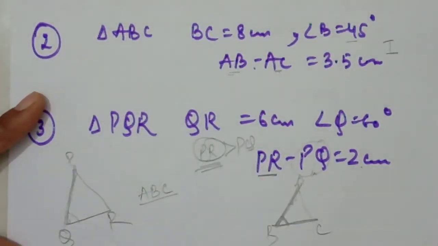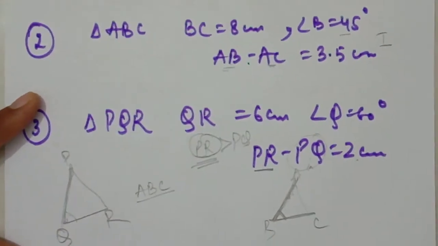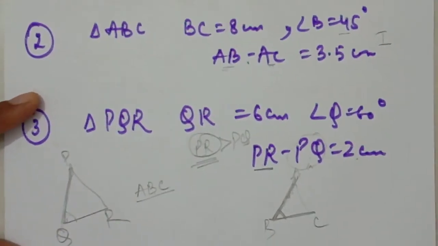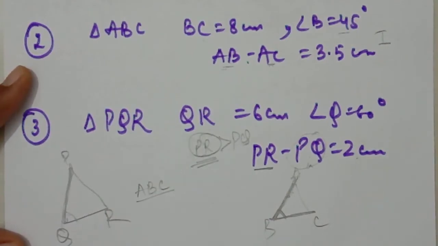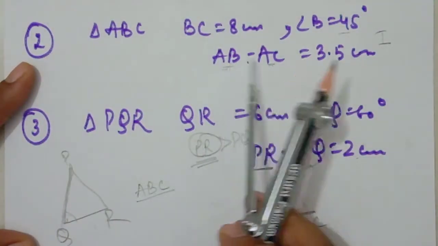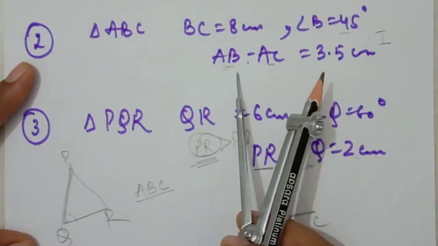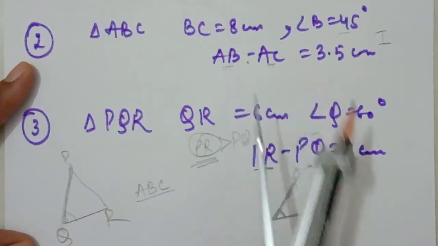So when this type of problem is in front of you, it means it is the second type of question. Again I am repeating the difference, how we can recognize which one is the first type and which one is the second type. The basic thing is: in the subtraction relation, the side that is present first is the bigger one.